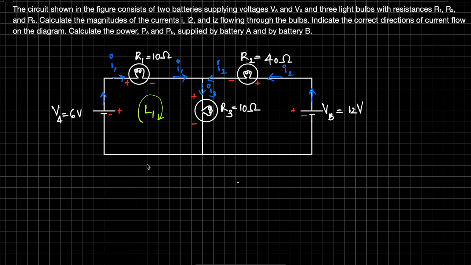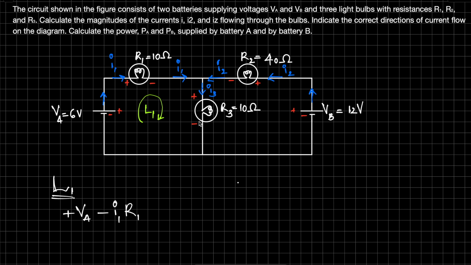Okay, so I'm considering loop 1. It's a clockwise loop. I'm going to start from VA, going clockwise, just like this. So minus to plus is plus. Plus VA, we are here. Plus to minus is minus. It's a drop. The voltage here is current times resistance, I1 R1.